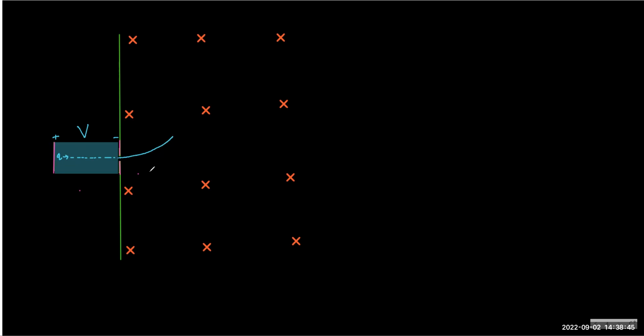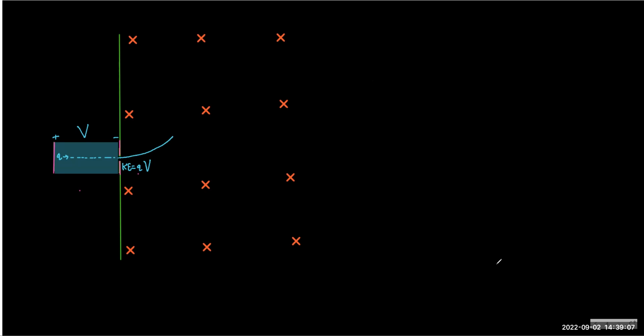Like this. Then the radius of curvature we can find in that case. So if you accelerate through this, then while entering this field, what is your kinetic energy here? So this is what I'm trying to say.